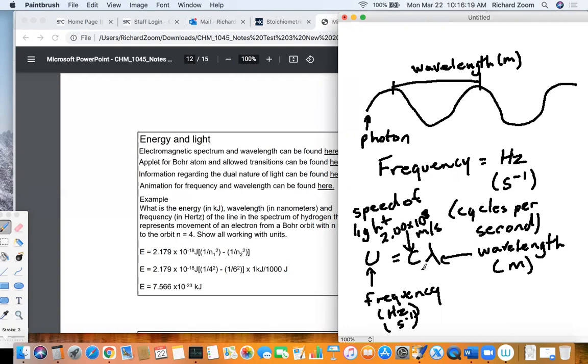So you'll notice that if you have meters per second, I think I might have, sorry, I screwed up the equation there. Doesn't make any sense. Let's try that again.